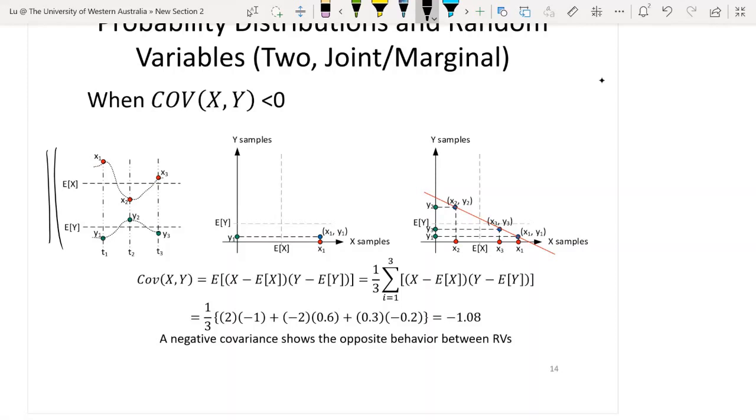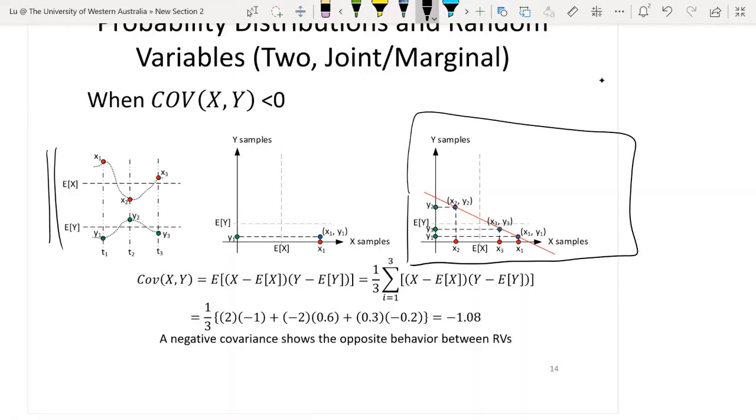So in other words, all the behaviors of the random variable y are just opposite to that of the random variable x. Of course, by using the procedure we described in the previous slide, we are able to plot all the sample points in the graph and use a line to connect all the sample points. In this case, we can find this red line segment is going down, which indicates a negative gradient.